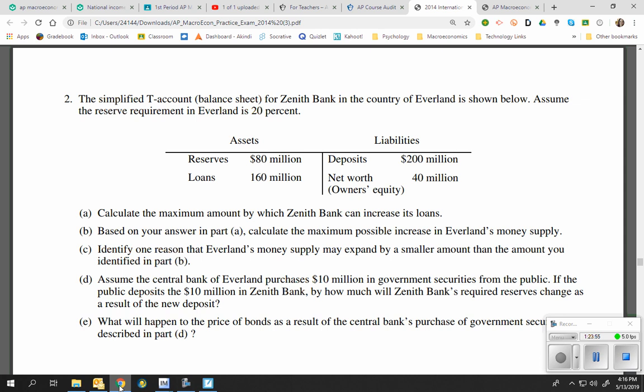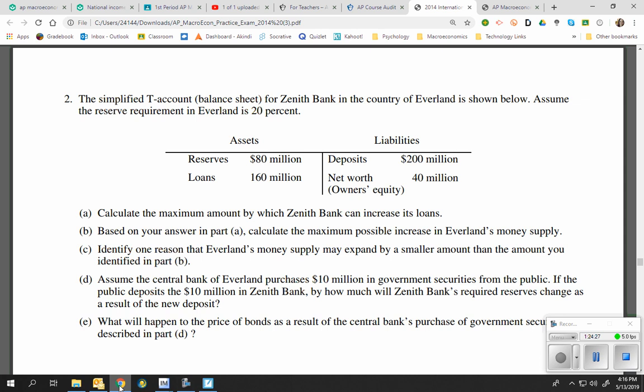What do you stop on? You can't do E? No. It's just as described in part D. Yes, but... Yeah.